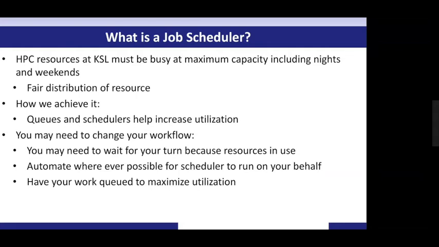We cannot give interactive, on-the-spot, on-demand allocation to everyone. And these jobs may last from a few seconds to a few hours, or even the whole day. 24 hours is the maximum that we allow for a job to run.